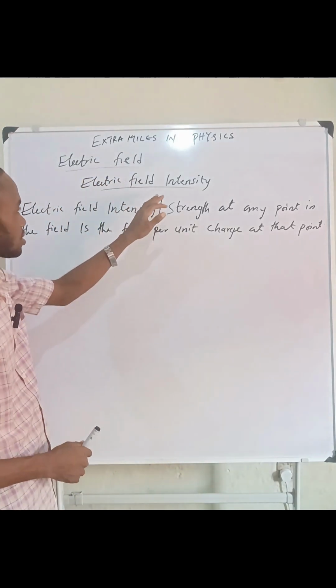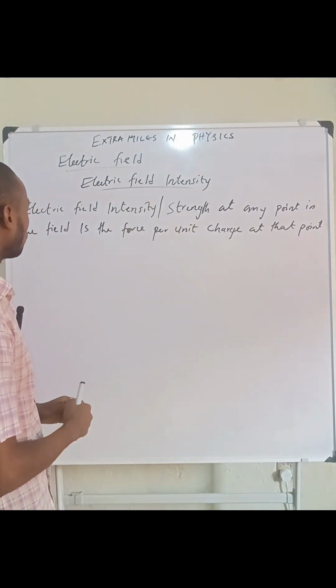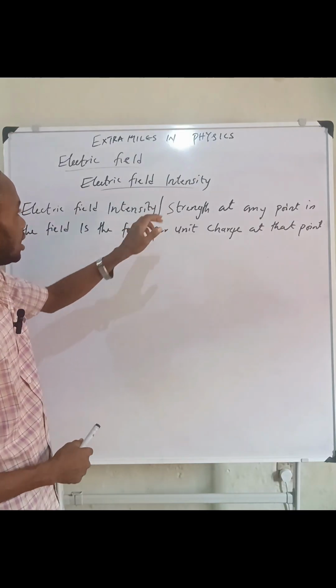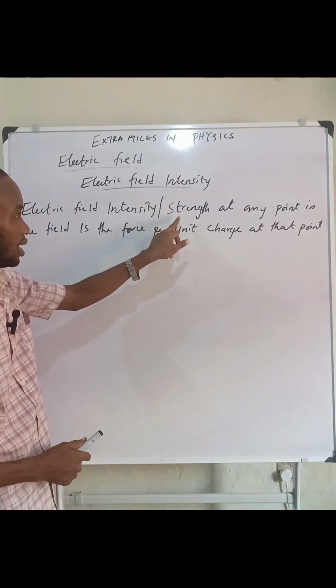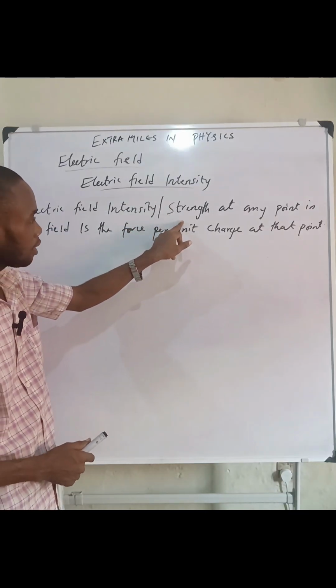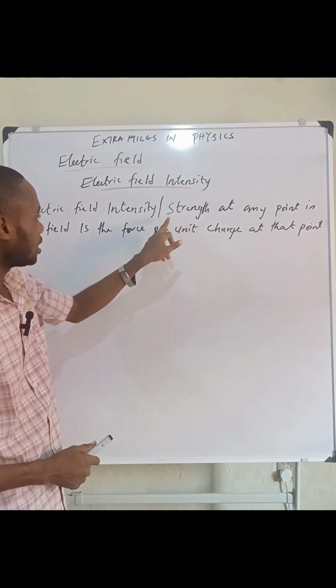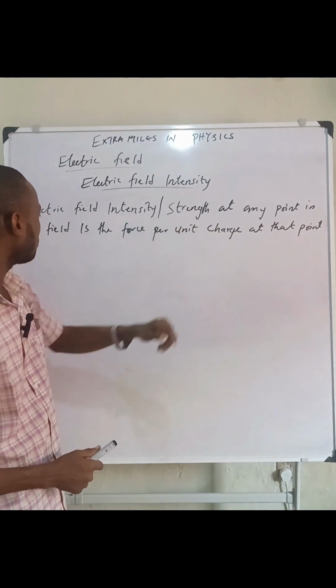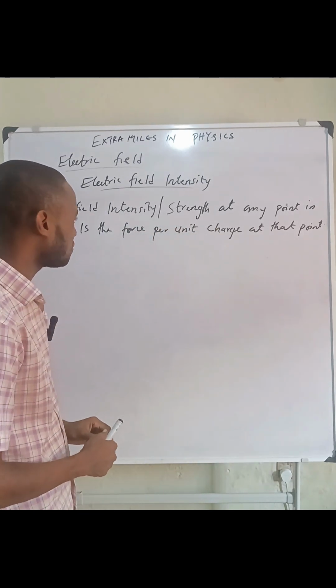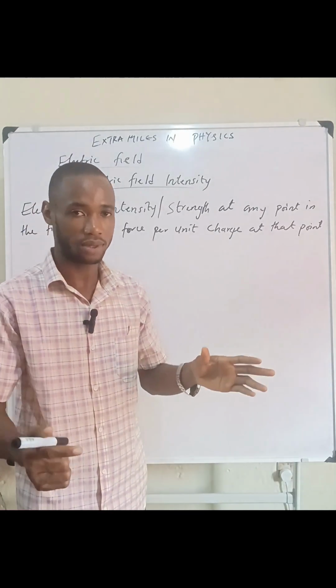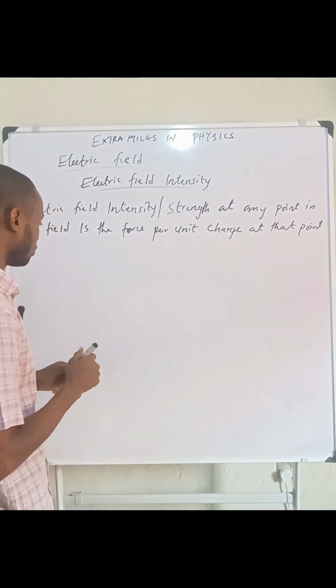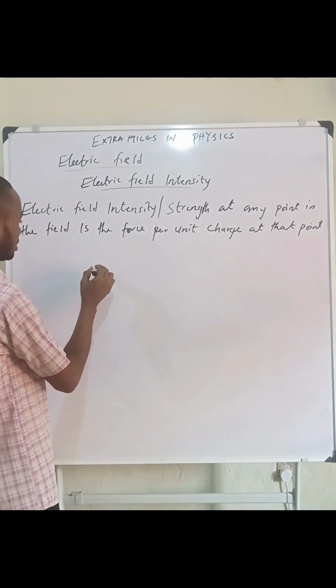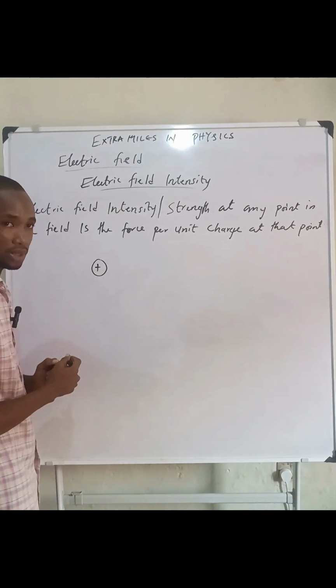Now, when we are discussing electric field intensity, what do we mean? You can call it electric field intensity or electric field strength. The electric field intensity or strength at any point in the field is the force per unit charge at that point. So let's say I have a charge at a point.